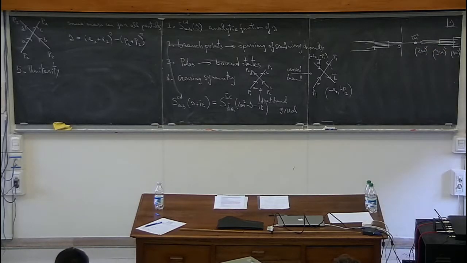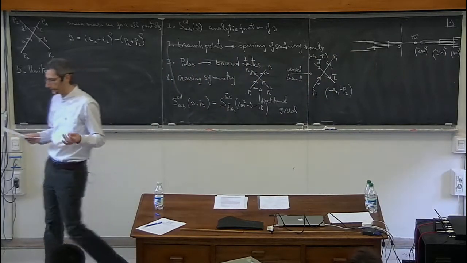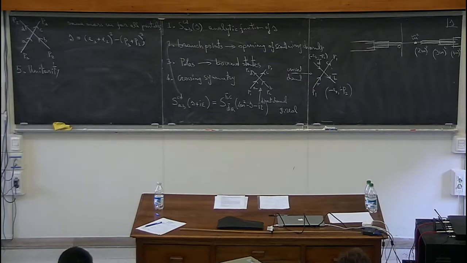This will be a main simplification that will allow us to perform our games. And so this is one key to exact solvability for the cases we are going to discuss.